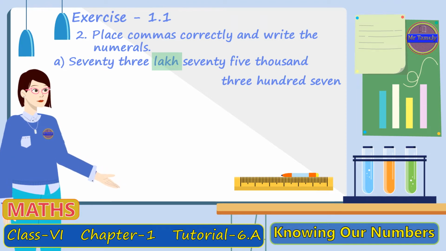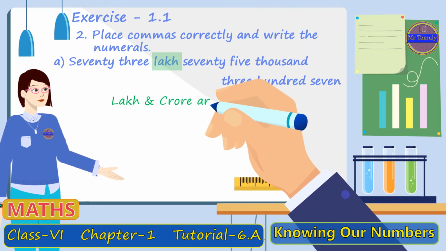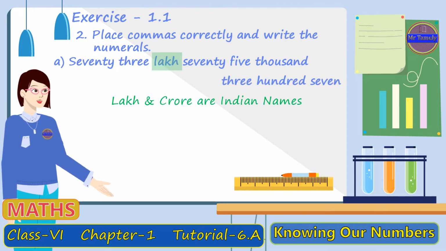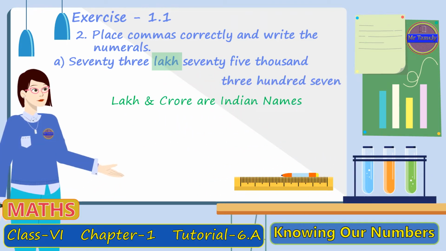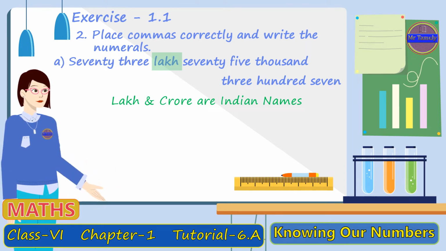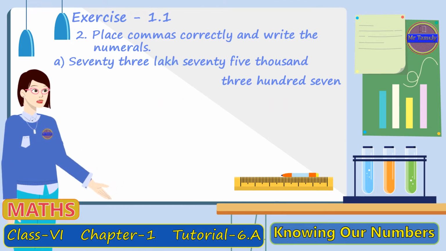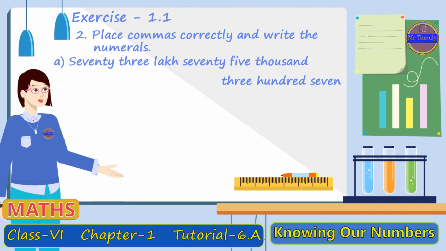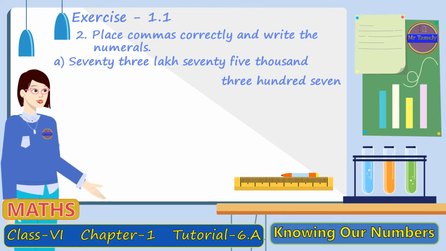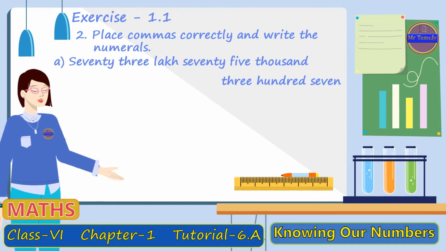I would like to tell you here that whenever any of the words lakh and crore appears, or both the words lakh and crore appear in the name of a number, it means that the name is in the Indian format. So, this is an Indian format name, and while writing the number in numerals we shall place commas as per the Indian method.